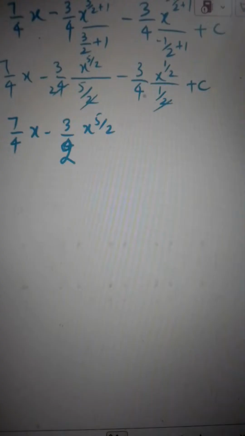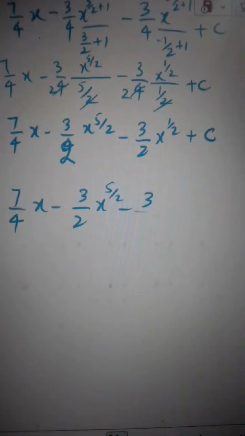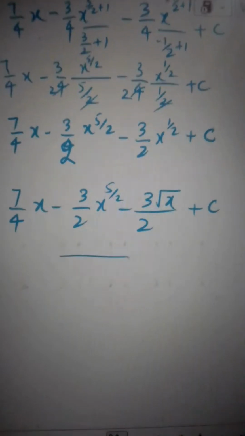Minus, this 2 should cancel this 4 by 2, so it will be minus 3 by 2 x power 1 by 2 plus c. So finally it becomes 7 by 4 x minus 3 by 2 x power 5 by 2 minus 3 by 2 x power 1 by 2 plus c. This x power 1 by 2 can be written in square root x form, or you can keep it in x power 1 by 2 form, that is also okay.